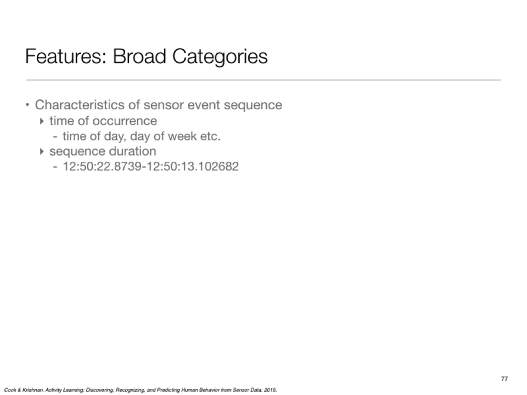If you see a motion sensor trigger at a particular time on a particular day of the week, then you might attribute it to a certain kind of activity.